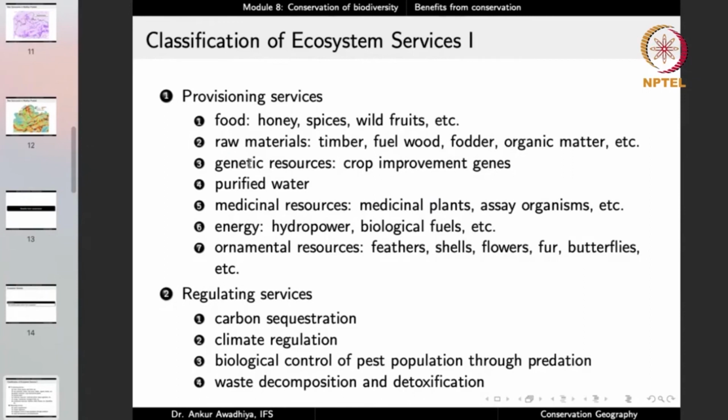Then, these ecosystems also provide several raw materials such as timber, or fuel wood, or fodder, or organic matter. So, these are also the provisioning services. They provide genetic resources in the form of crop improvement genes.